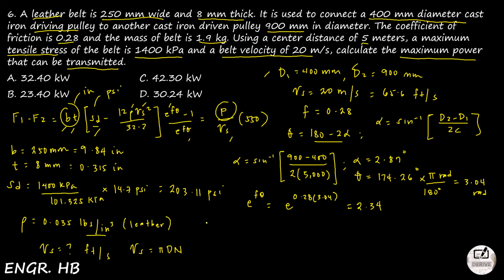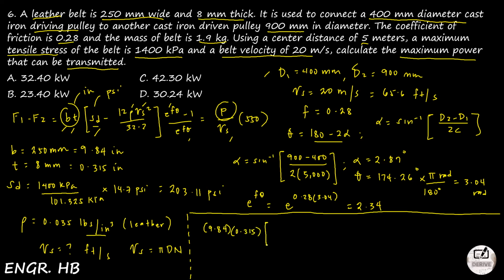So, bt is 9.84 times 0.315 times sd, which is 203.11 minus 12 times 0.035 times bs squared.